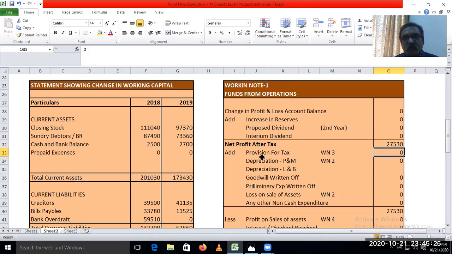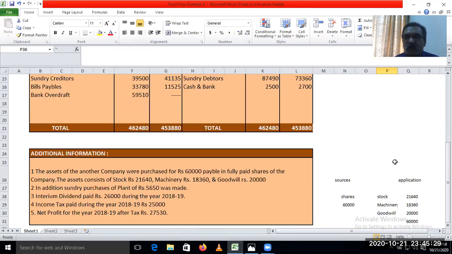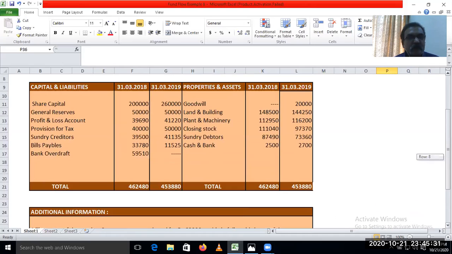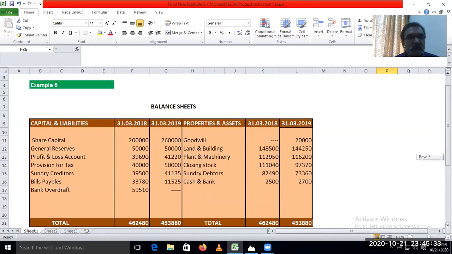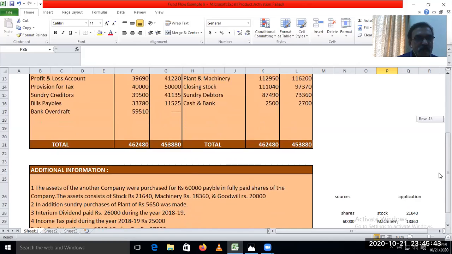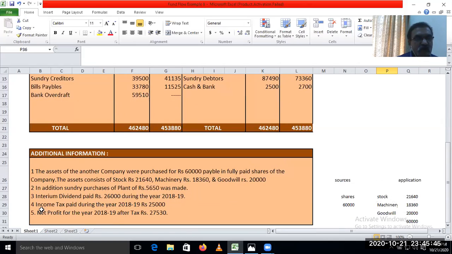What next? Provision for tax. So for provision for tax, check out in the balance sheet. Yes, on the liability side it is there. Provision for tax 40,000, 50,000. Also, there is some information in the additional information. Check out information number 4. Income tax paid during the year 18-19 rupees 25,000.